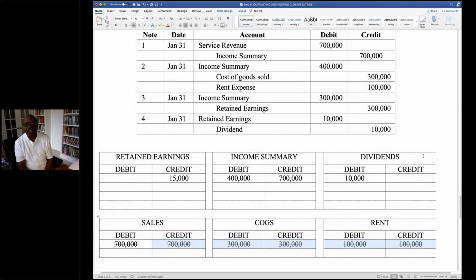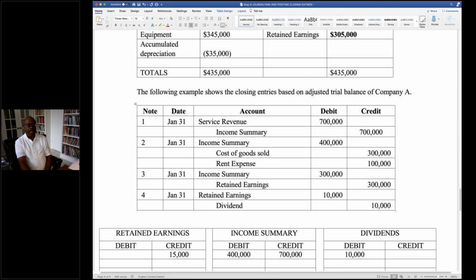In my third journal entry, I'm going to close out the balance in income summary to retained earnings. And this amount is $300,000. So what does this $300,000 represent? Where did I get the $300,000 from? The income? That's the net income.